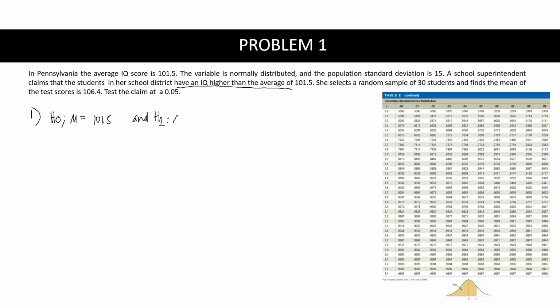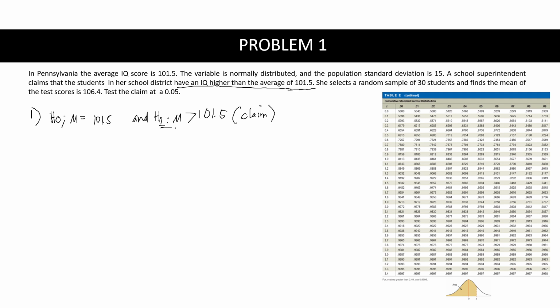So that means our mu is greater than 101.5. In this statement, this is our claim, since it states that in her school district the IQ is higher than the average of 101.5.